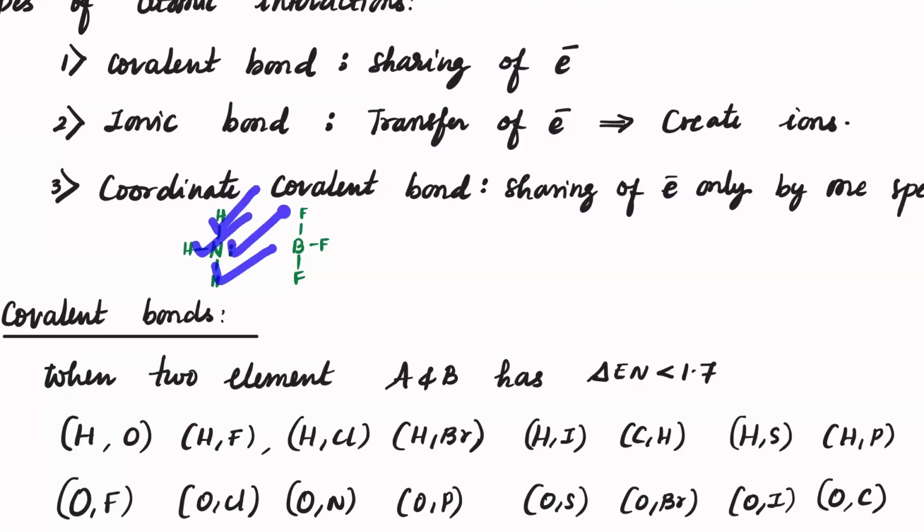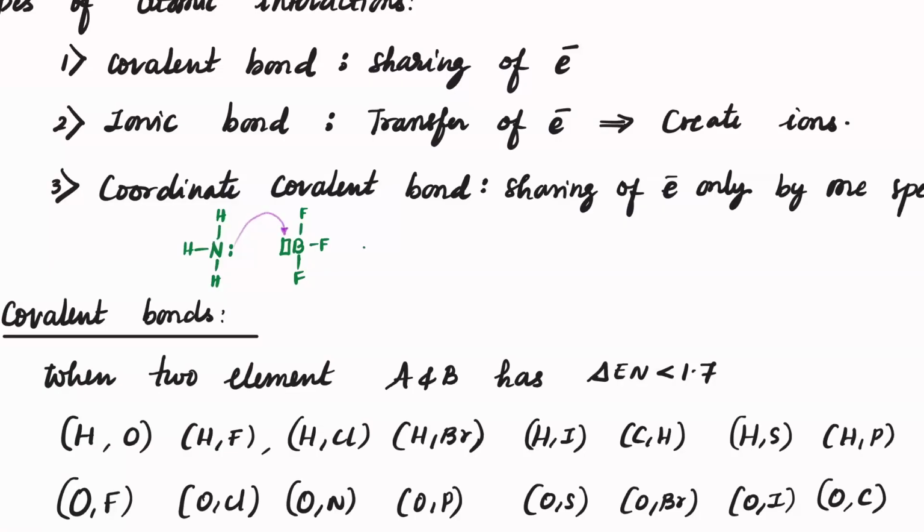So total 8. So this nitrogen has fulfilled its octet. While in the case of boron and fluorine, there are 2 electrons here, 2 here, and 2 here, only 6. Which means I can show it like an empty box here, where the lone pair, this non-bonded electrons, will be ready to be shared by boron.